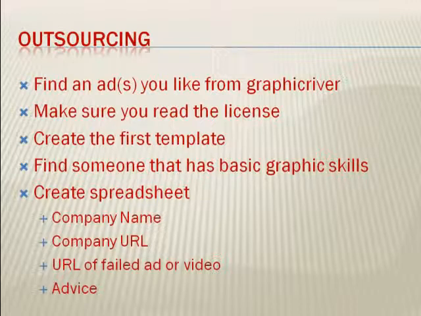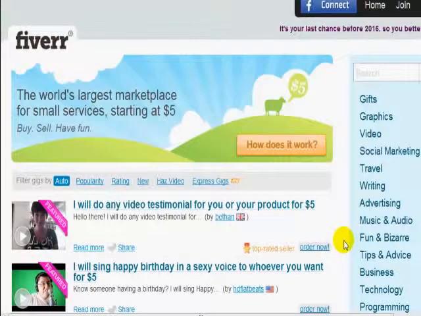So now that you understand the basics, I'm going to hop on over and show you where to find somebody with basic graphic skills or other basic skills to manage your outsourcing division. There are 2 different types of places that I would recommend, either Fiverr.com or Odesk.com.